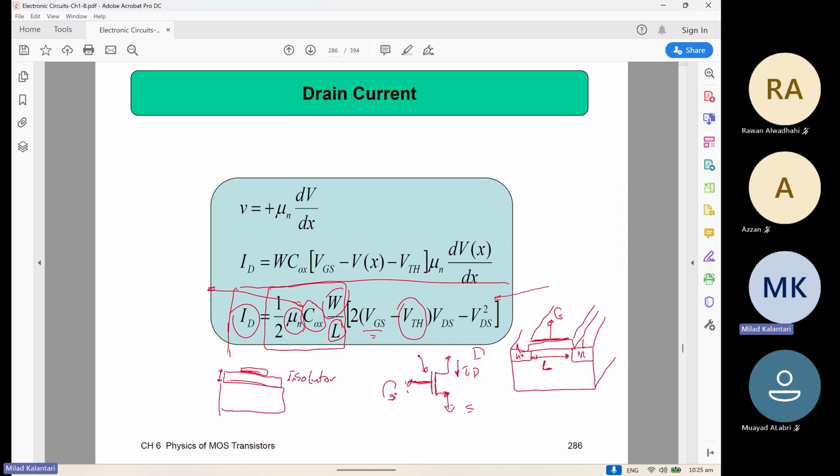So this current characteristic depends on the VGS and also the VDS, and is defined for the triode region of the device. This is before the pinch off happens. We call it the triode. The current model is like this.